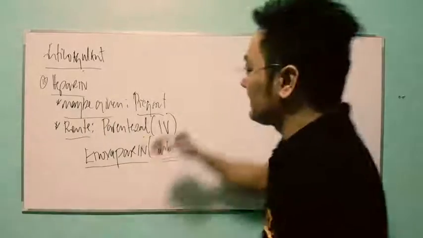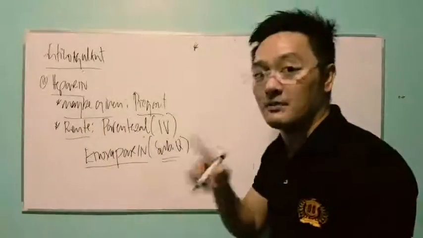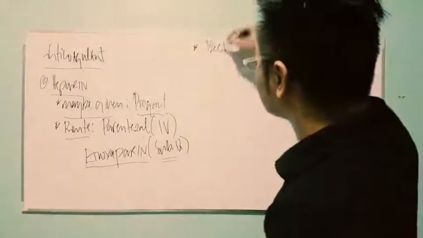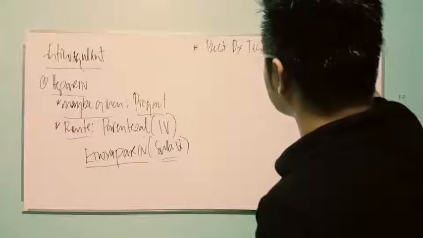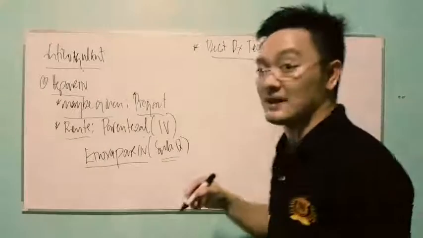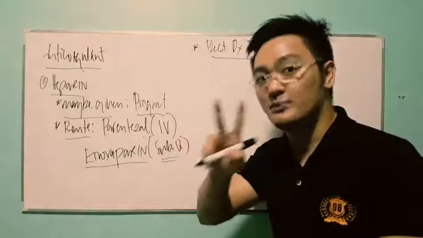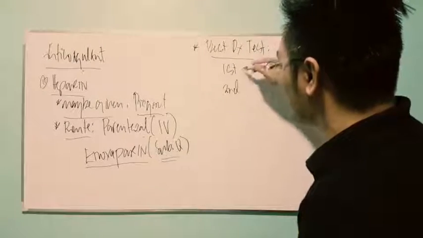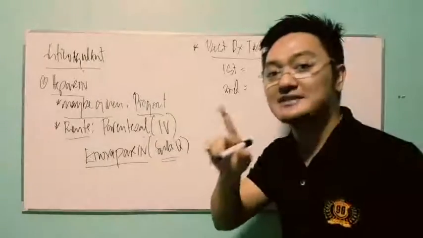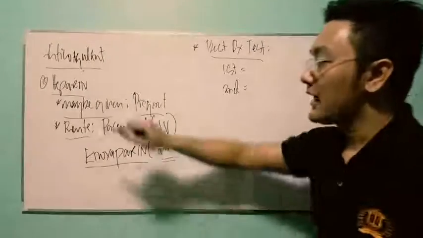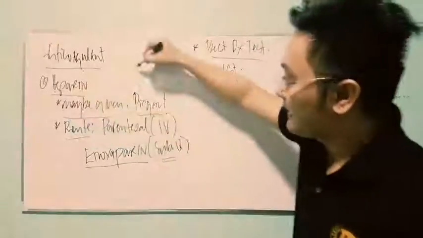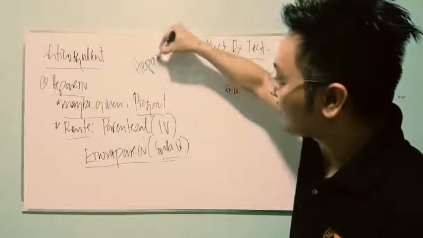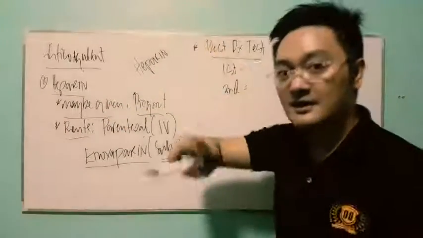Clear? Next, if your patient is receiving heparin, what do you think is the best diagnostic test that will evaluate its therapeutic level? Now remember, there are two possible answers here. What do you think is the first answer and the second answer? The first answer, technique: heparin starts on what letter? Heparin starts on letter H. Am I right?